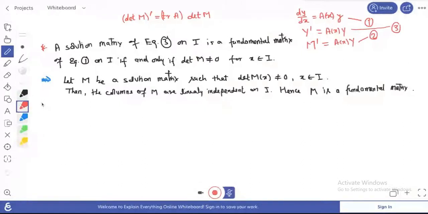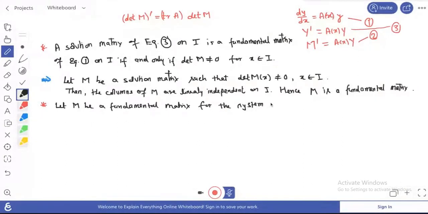Similarly, there is another remark, that is, suppose M is a fundamental matrix for the given system, and that system is called 1, and let C be any constant non-singular matrix.